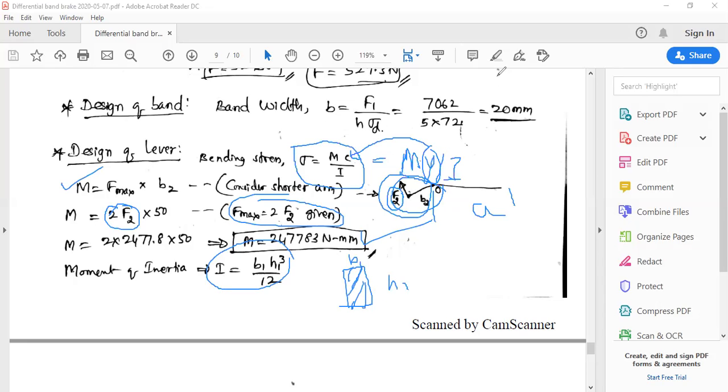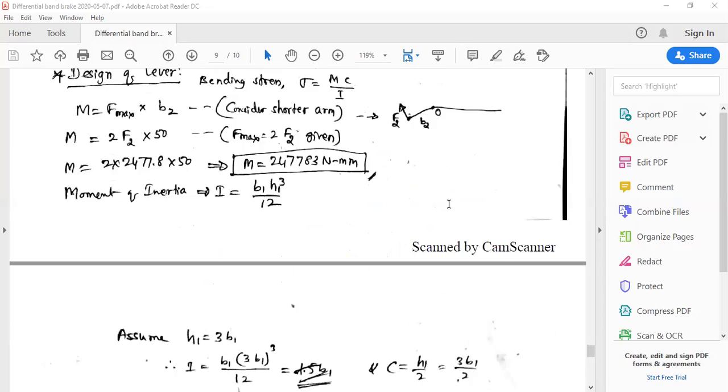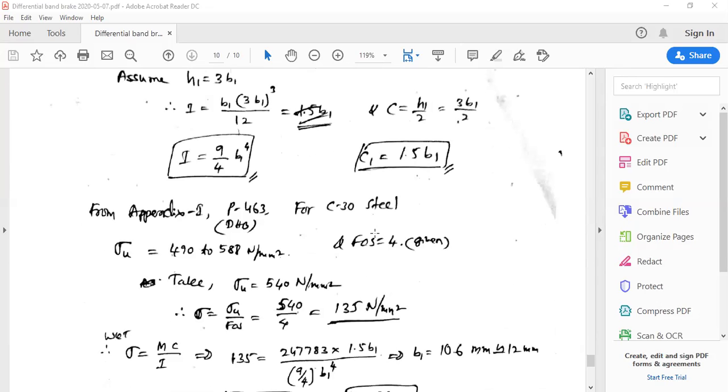Next we have to assume the value of h1 in terms of b1, which is the standard assumption. h1 is usually thrice the width or twice the width. Here we have assumed thrice the width. So h1 is replaced by 3 b1, so that I is 9 by 4 into b1 raised to 4, and c is 1.5 into b1.